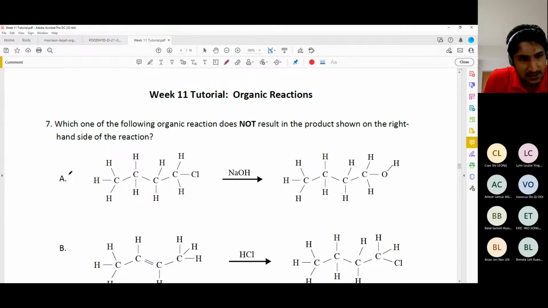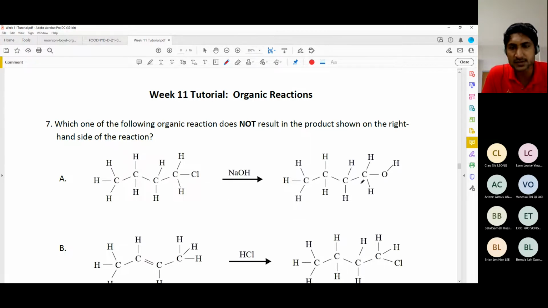Question number 7 says, which one of the following organic reactions does not result in the product shown on the right-hand side of the reaction? That means which one will not produce the product. Only one reaction is not correct.